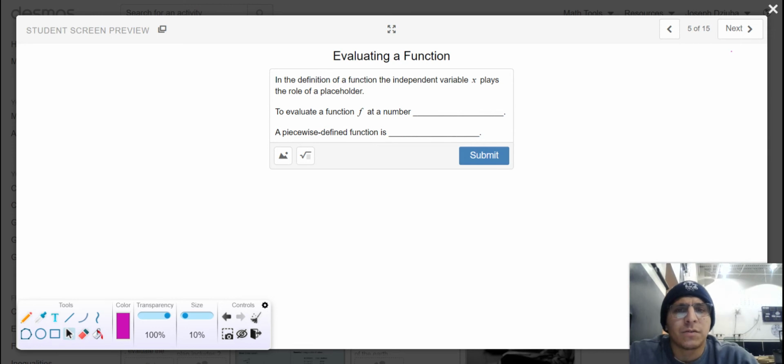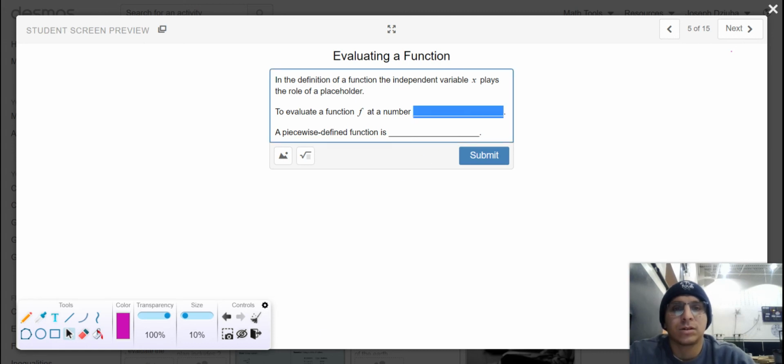In the definition of a function, the independent variable x plays the role of a placeholder. To evaluate a function f at a number, you simply need to substitute the number for the placeholder.